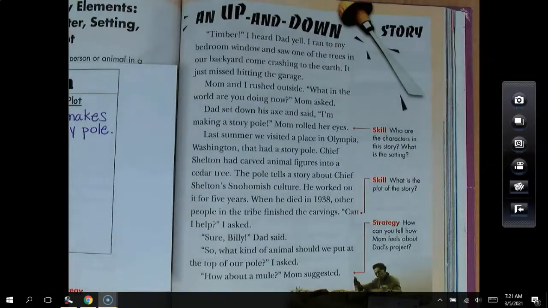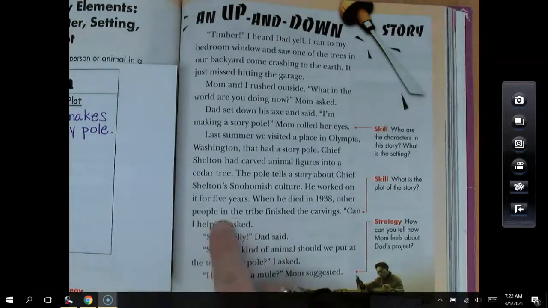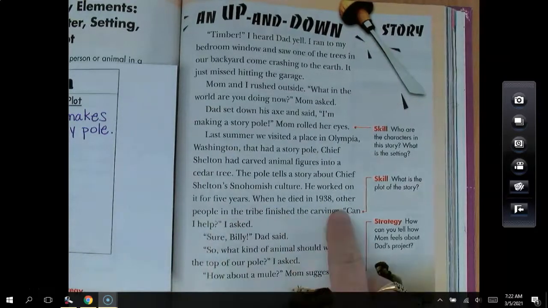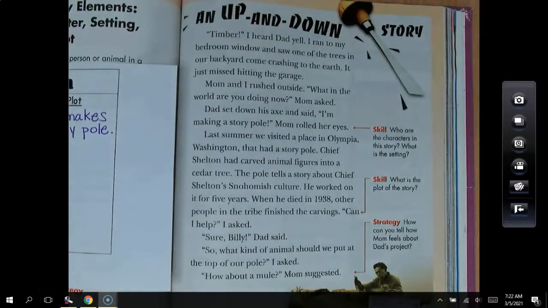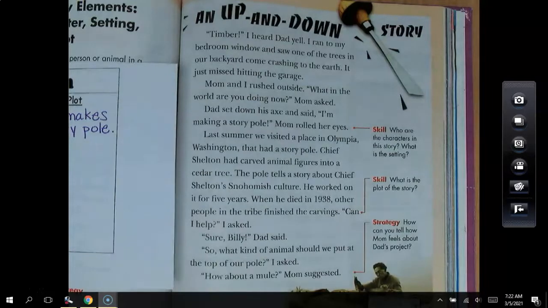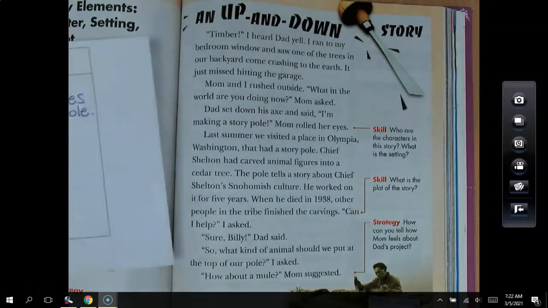Someone who carves from a tree for 5 years, and wasn't even finished because the tribe had to help finish the carvings, I would say that Chief Shelton was a very good artist. I hope Dad is just as good as Chief Shelton for his story pole.